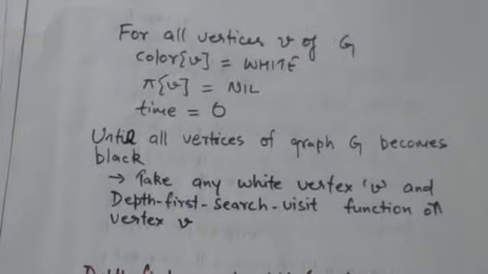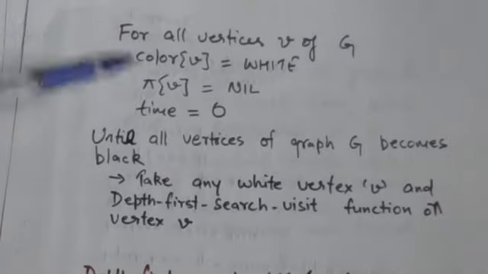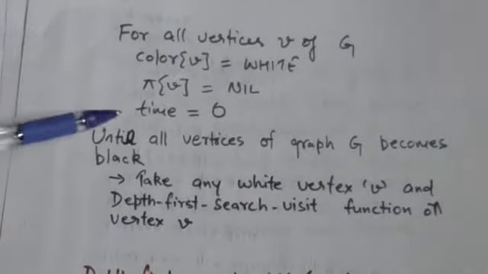Initially, color of all vertices of graph G is set to white and predecessor of all vertices of graph G is set to nil, right? Now, there is an integer variable time which is initialized to 0, right?